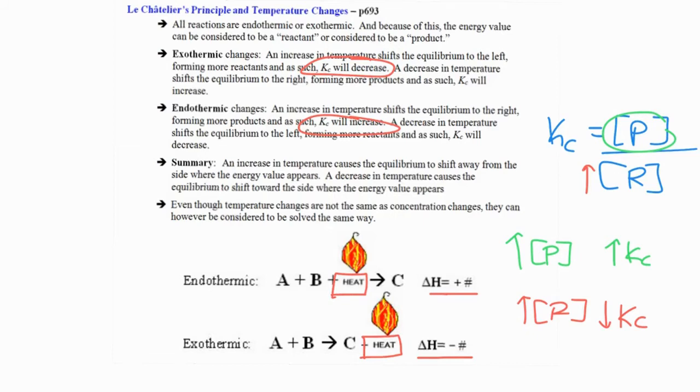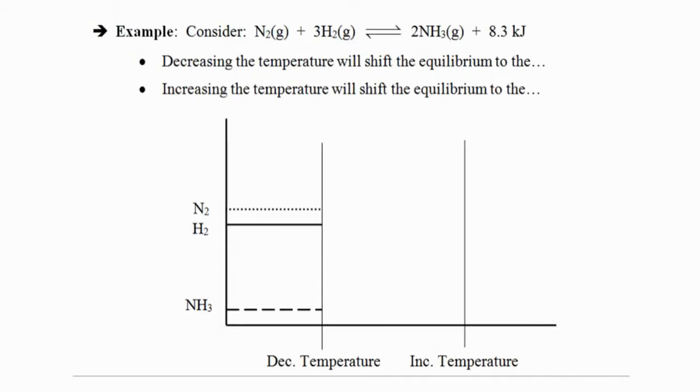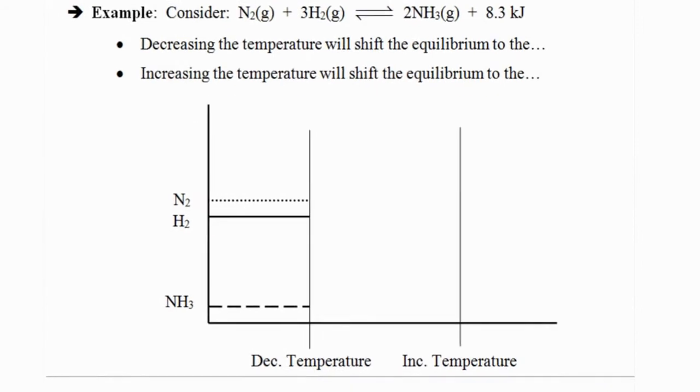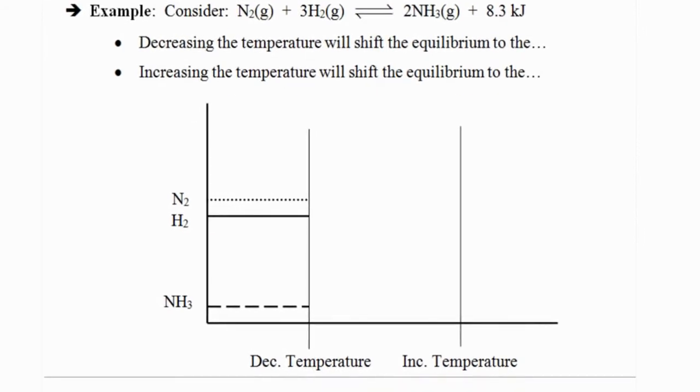So when we're determining what happens to Kc, for temperature changes only, we need to look at what's changing, whether it's products or reactants. So here we have a system. So here's the Haber process. It says I decrease the temperature. Now we can think of temperature as energy. So if I decrease the temperature, I am decreasing the energy of the system.